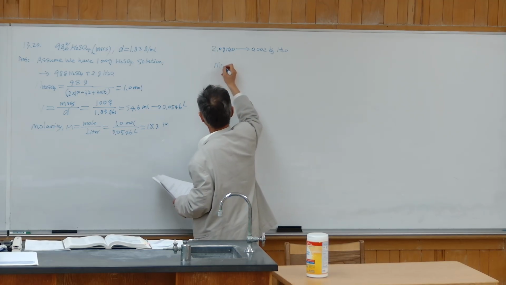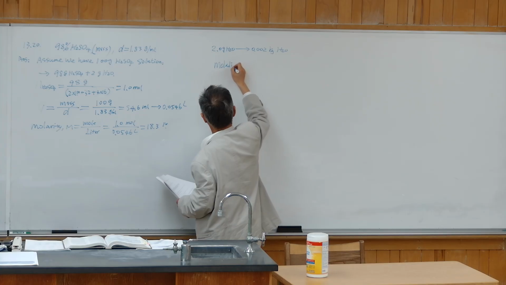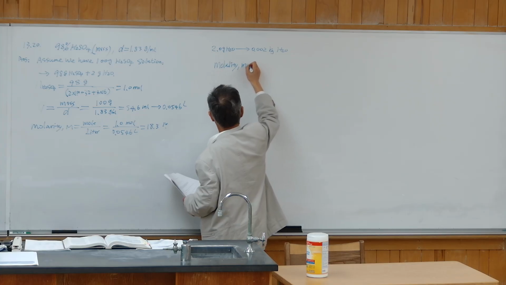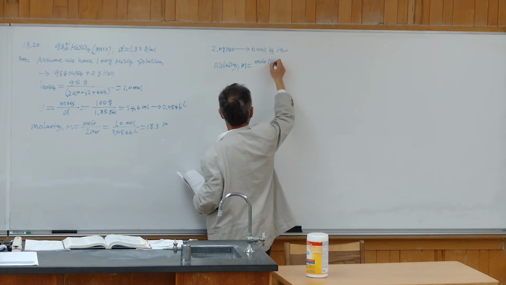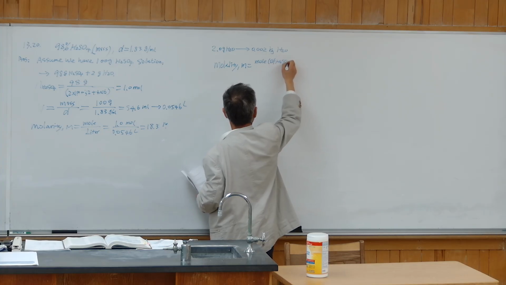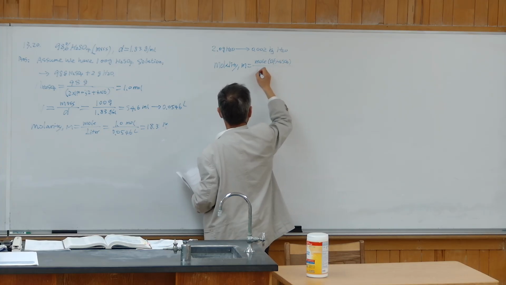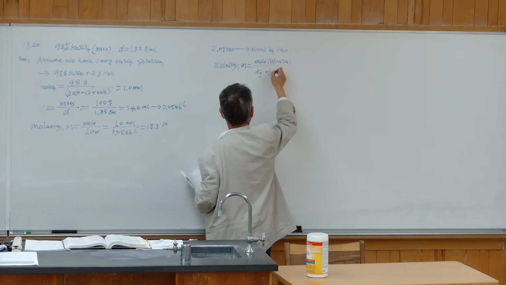So molality is moles of H2SO4 divided by kilogram of water.